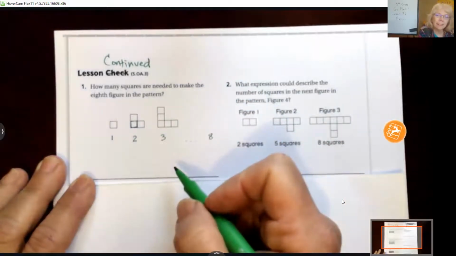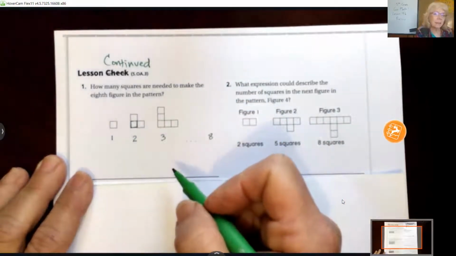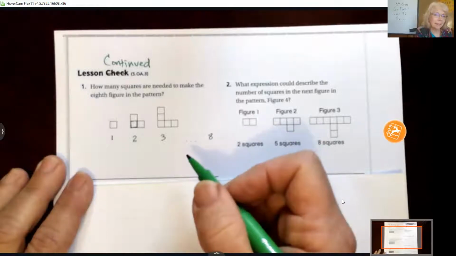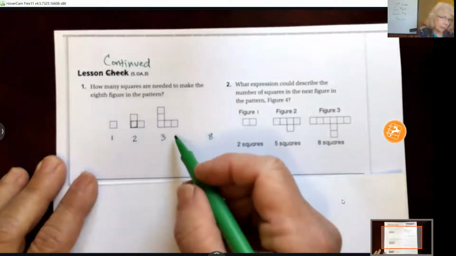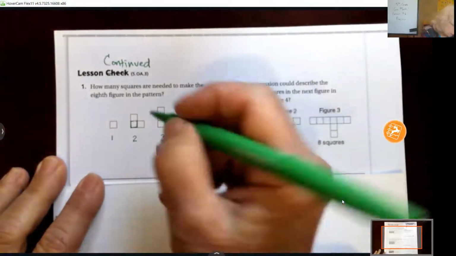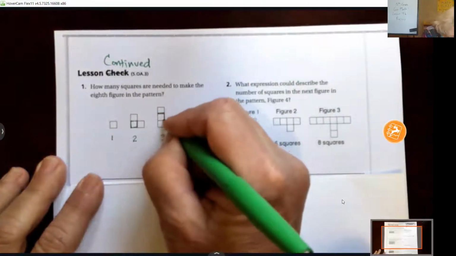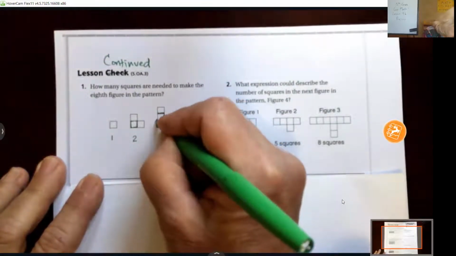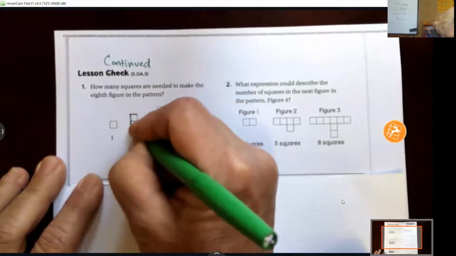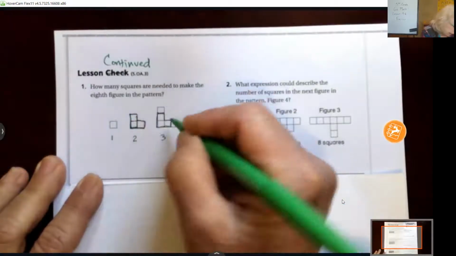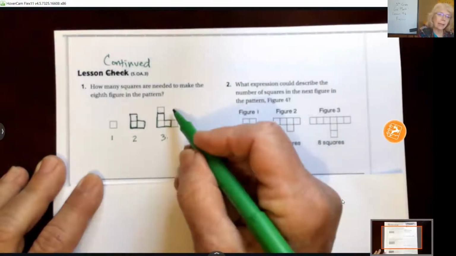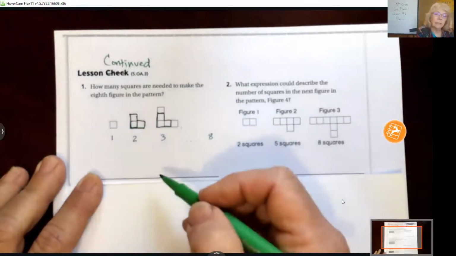Pause the camera, see if you can see it in the next one. Okay, then come back. Okay, what's happening in figure 3? Well, they took figure 2, which is right there. Now we're looking at this part here, and they added 1 square to each side.